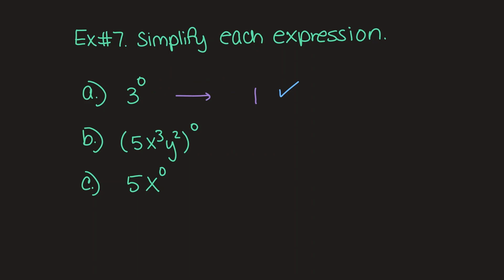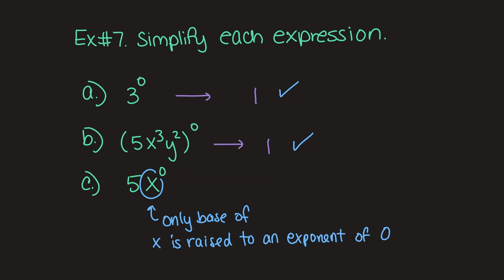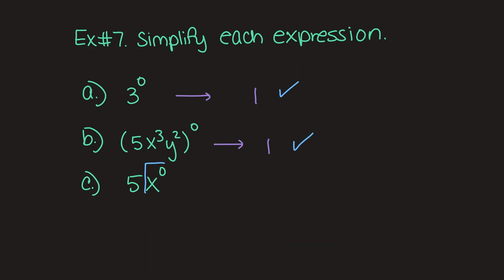For the second expression, this entire base is raised to an exponent of 0. Therefore, this also simplifies to 1. But for the third expression, only the base of x is raised to an exponent of 0. Therefore, just this factor simplifies to 1, and we have 5 times 1, which is just 5.